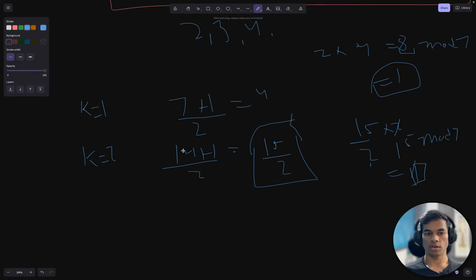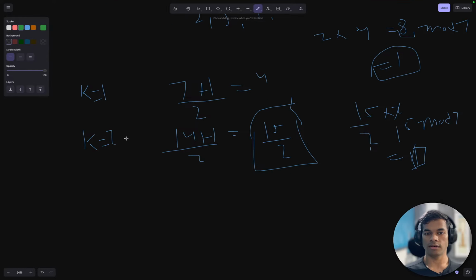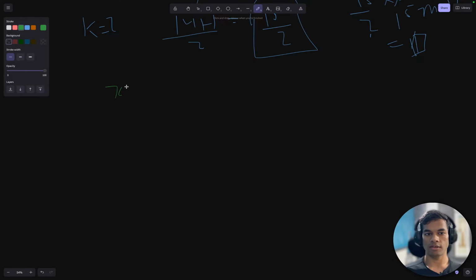So why would this thing not work for any other number? Let's say x equals 3 and m equals 7. Then for k equals 1, we will have 7 plus 1 divided by 3, and this thing is 8 by 3.